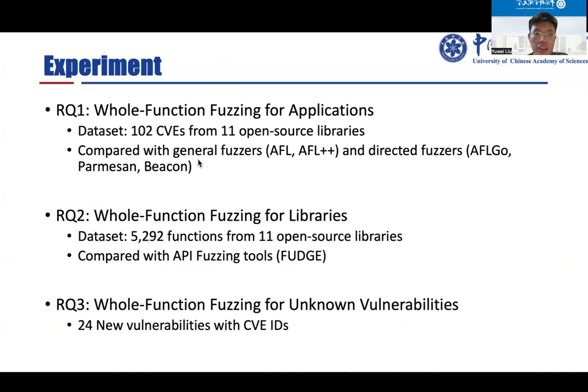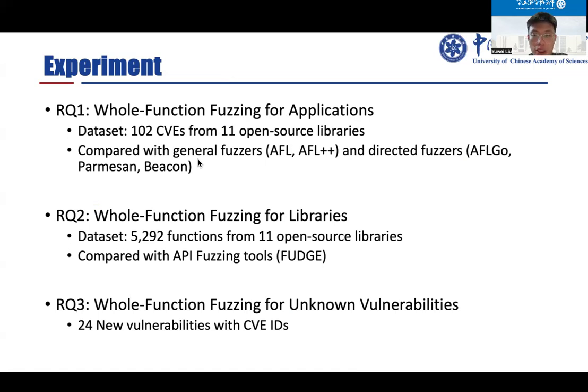We evaluate AFGEN in three experiments. We first compare it with application fuzzers on 102 CVEs from 11 open source projects. Then we compare it with the API fuzzing tool on 5,292 functions.